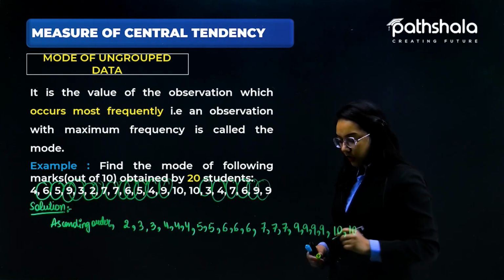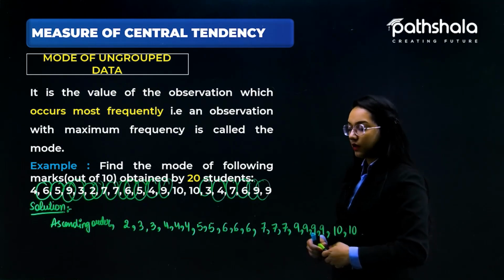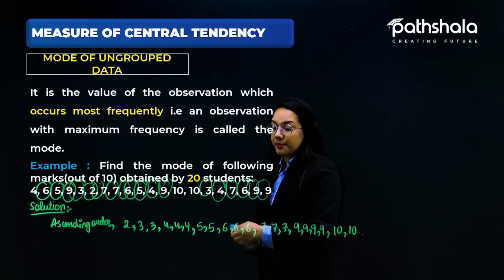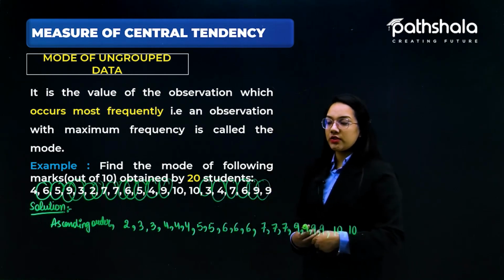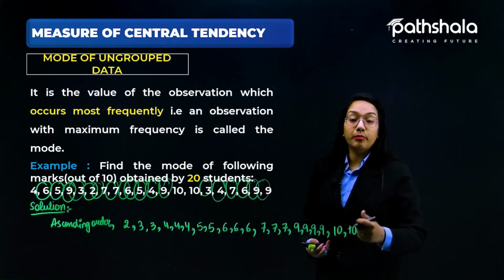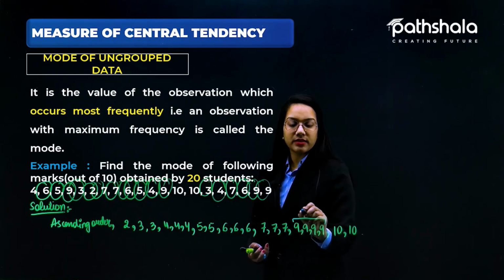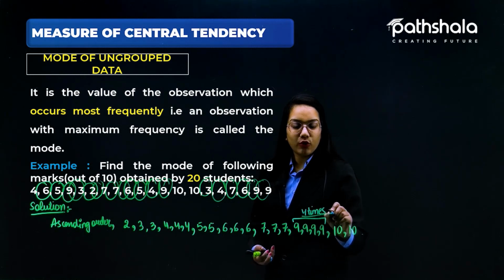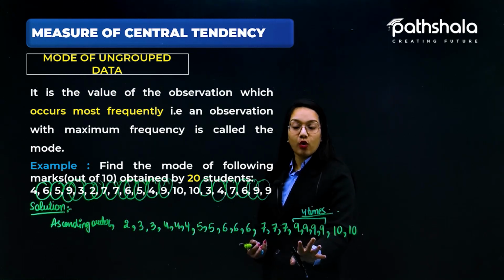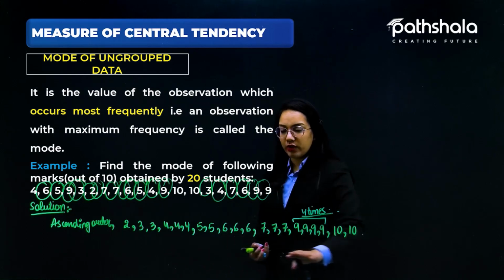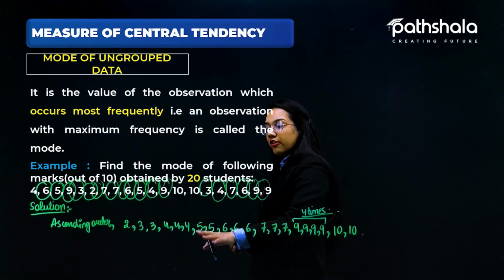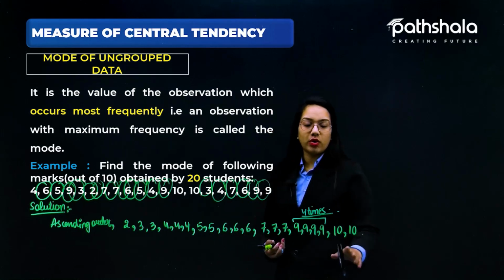So it is clear from this observation that 9 is the digit which is coming most frequently, 4 times, which is more often than any other observation, because 6 is coming 3 times, 5 is 2, 4 is 3, 3 is 2 and 10 is 2.